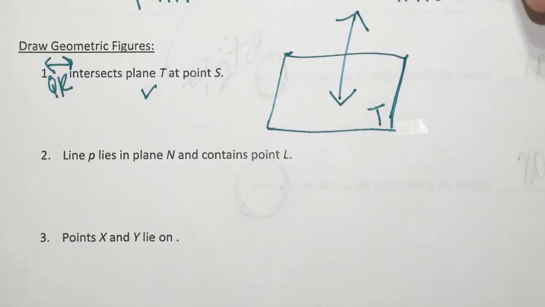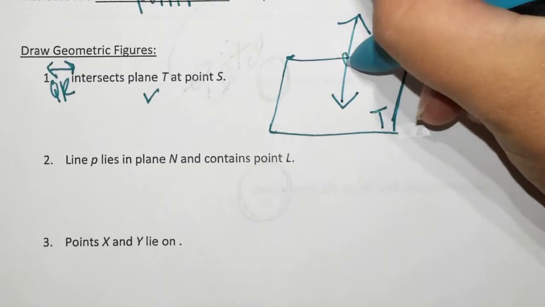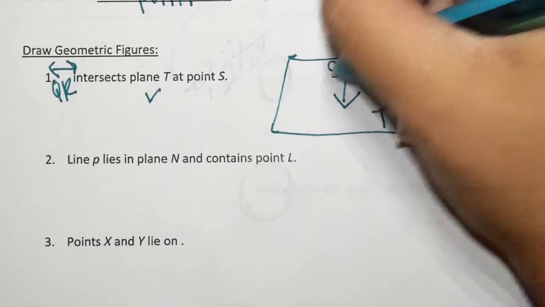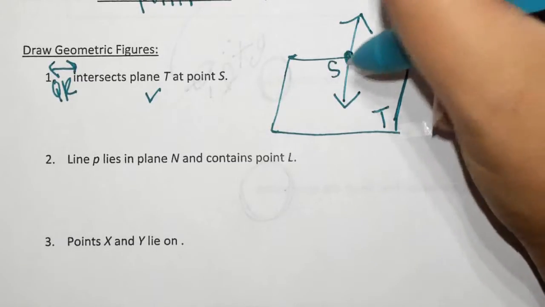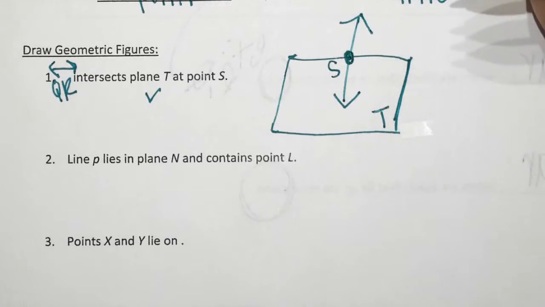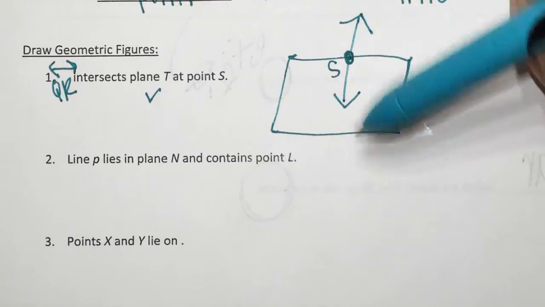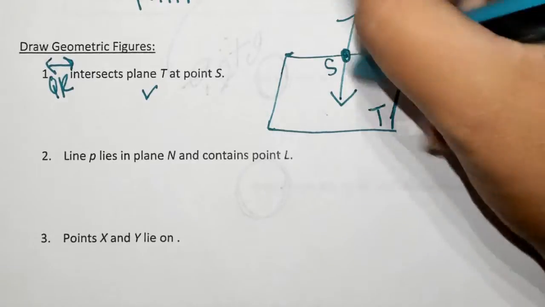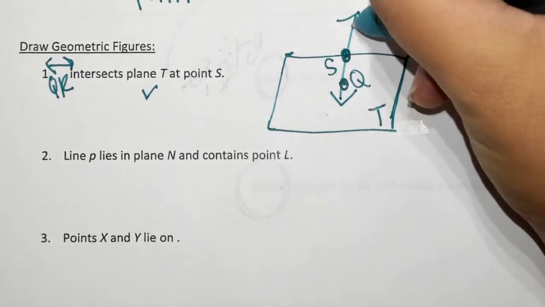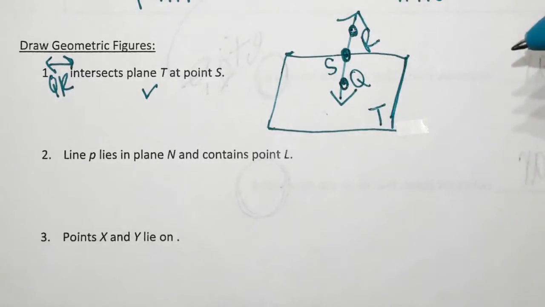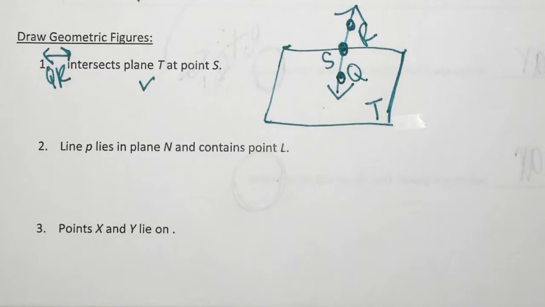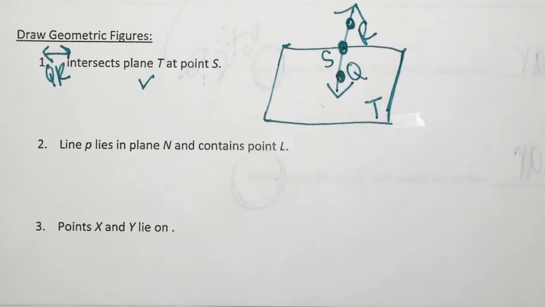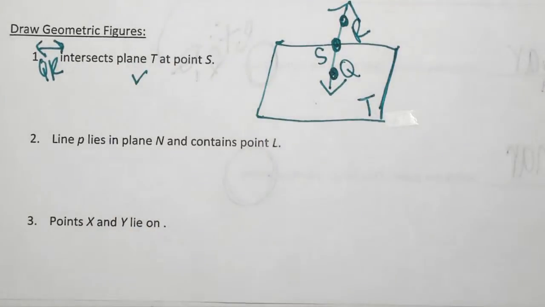No. But what I do know is that where it intersects is what point? S. So that's the only thing I know for sure, that the point at the intersection is S. Now, I could put Q and R both on the same side, both right here, and I'd be right. I could put Q here and R here, and I would be right. Okay? So that is our geometric figure for this information.